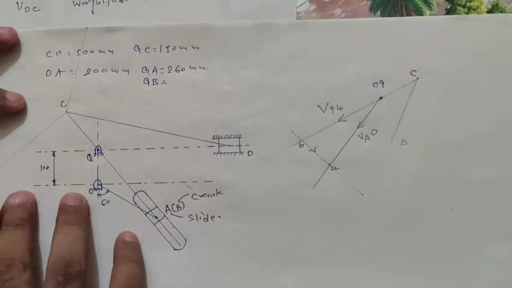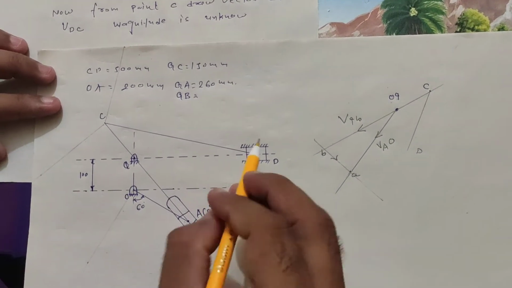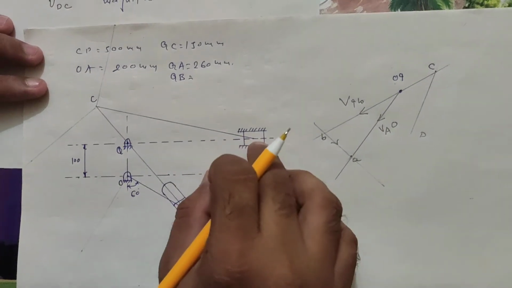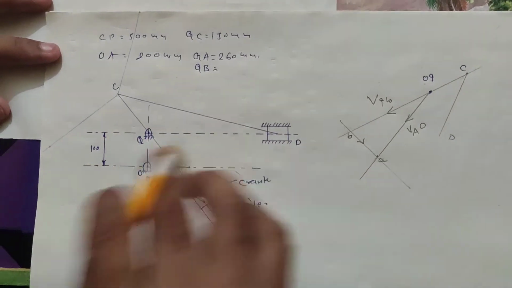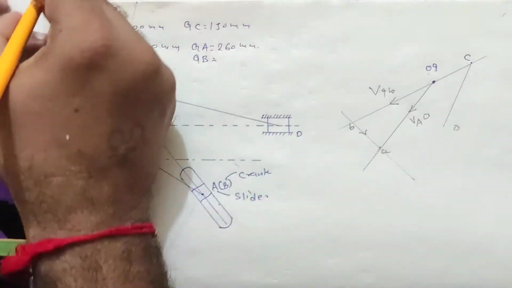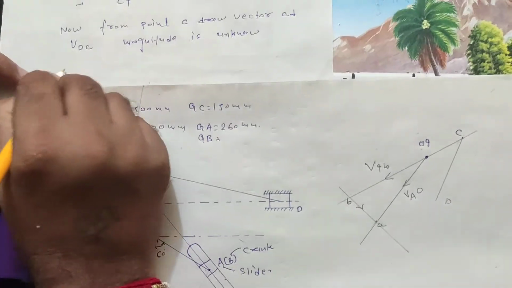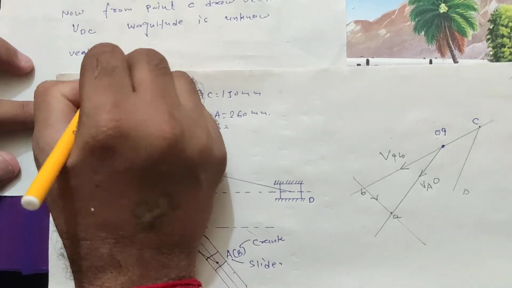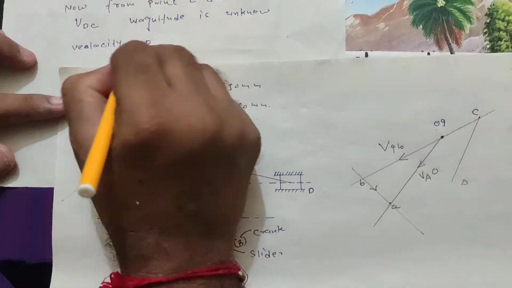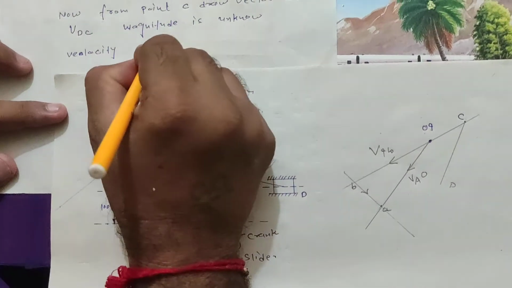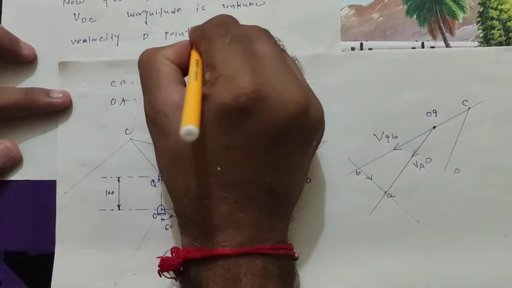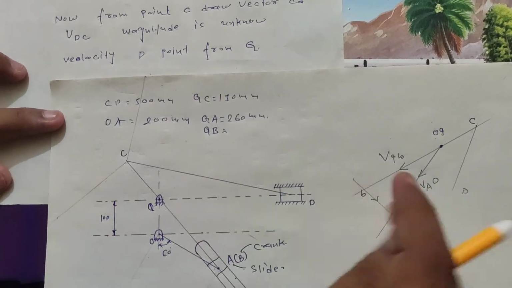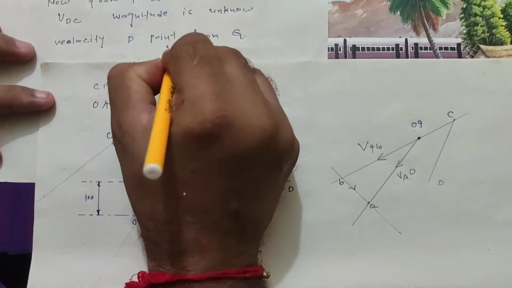So now after this one, we have to draw this for the slider. For the slider, we always represent the velocity of the slider parallel to the line of stroke. That is nothing but the velocity of point D, from Q. Q is fixed, so we can say the velocity of DQ.